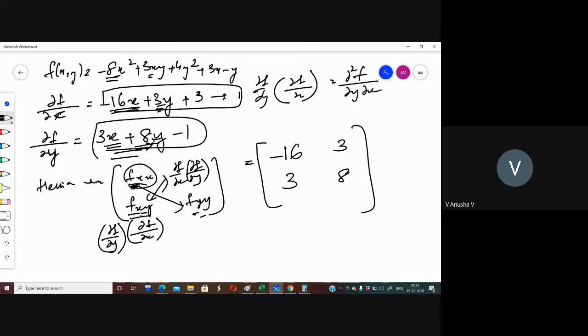Both are similar. So I can write this as dou square f by dou x square, dou square f by dou x dou y. So here you will have dou square f by dou x dou y, dou square f by dou y square. That's it. This is your Hessian matrix.